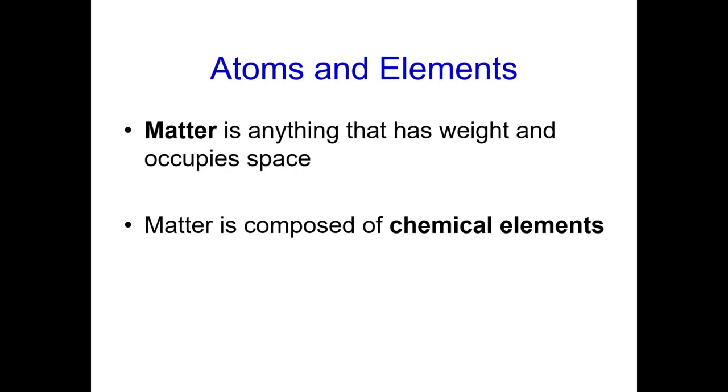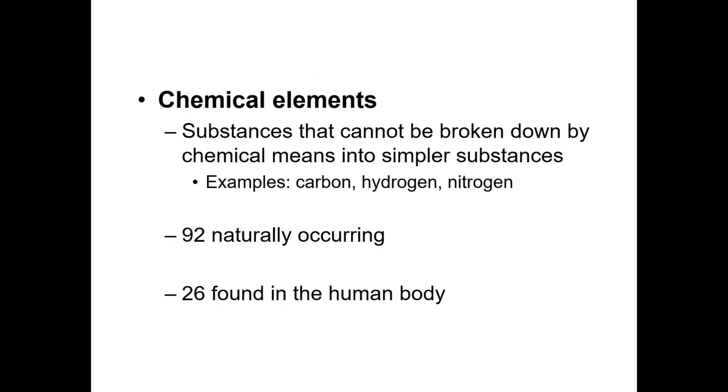So we have atoms and elements. And we have something called matter. Matter is anything that has weight and occupies space. Matter is composed of chemical elements. Chemical elements are substances that cannot be broken down by chemical means into simpler substances.